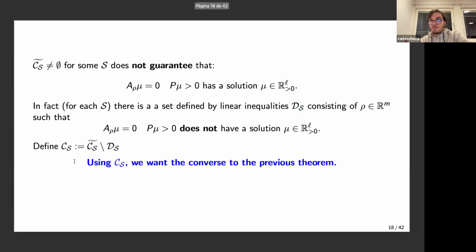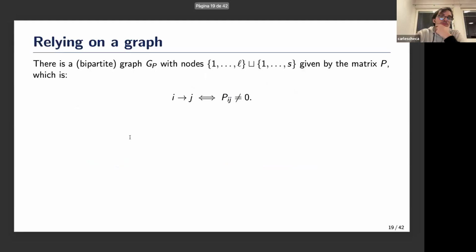The converse of the previous statement must be coming from the fact that if we find some of this CS set that is not empty, we want to find the solution of this thing that we call the characteristic system, right? Now, of course, things are never nice without hypotheses, so we will have to put some hypotheses in this context for this to be true.